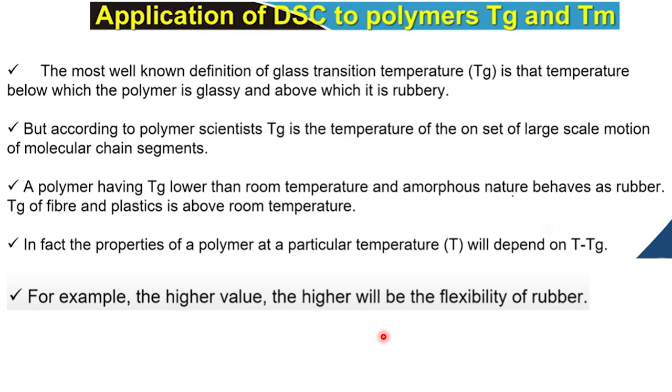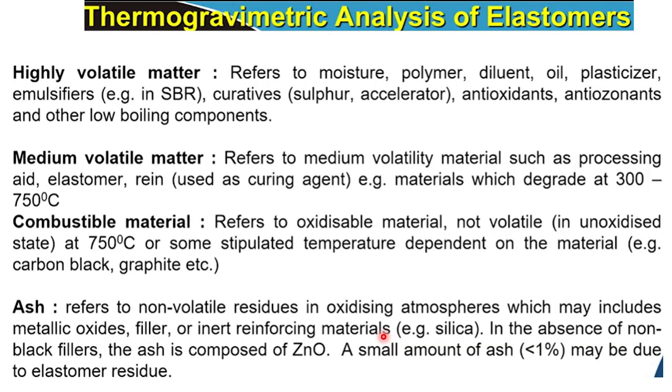So through DSC, you can determine the Tg, Tm, and from here you will also get to know the flexibility or abrasion resistance of the elastomer. From TGA, you will get to know what kind of filler is used, what amount of inorganic material is present, for example zinc oxide, how much zinc oxide is present.